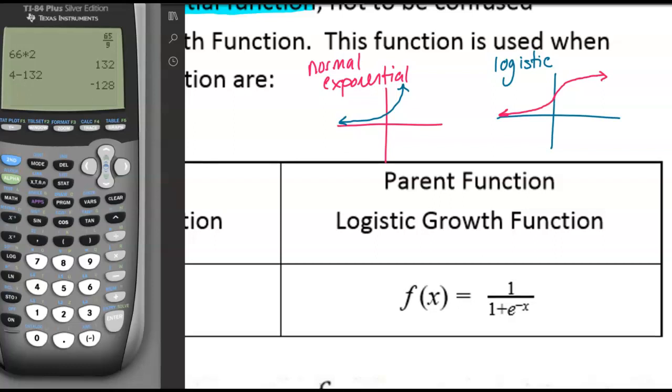It kind of looks like a cube root, to be honest, with an inflection point, just like a cube root had an inflection point. So there's a restriction on the growth, meaning it doesn't exponentially grow like a normal exponential would.